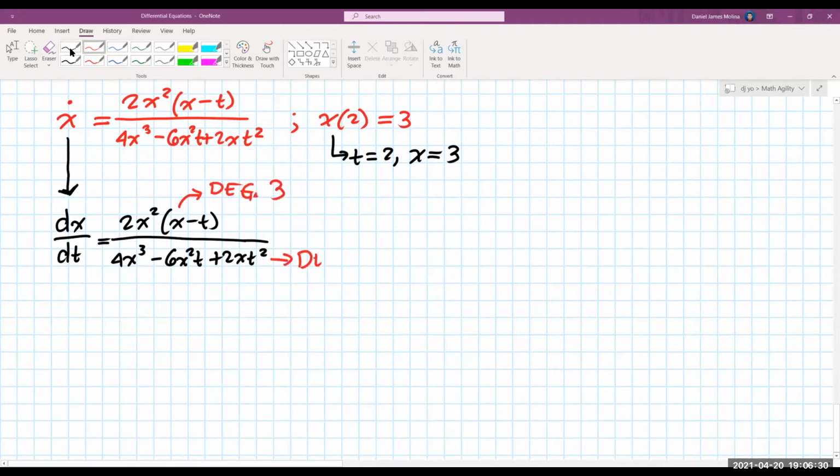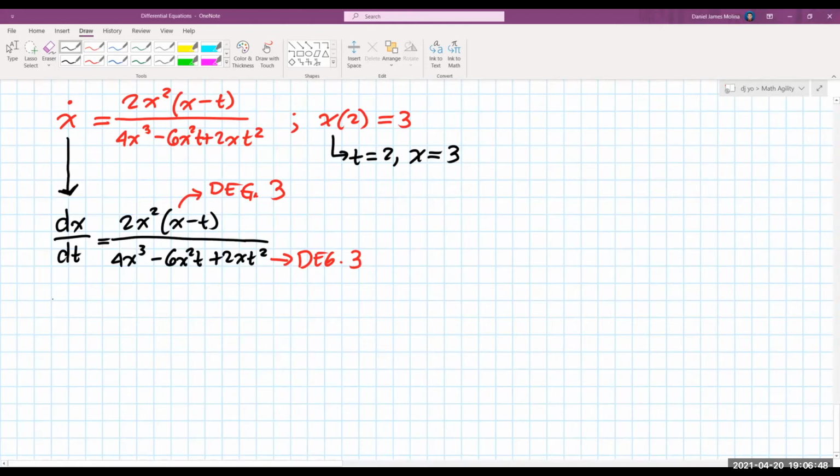So we can actually use the method for homogeneous differential equations. But for more convenient solving, we'll try to prove that this is also an exact differential equation.